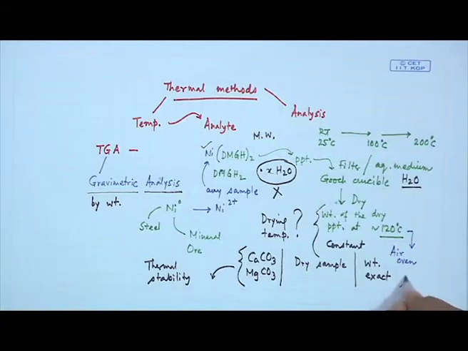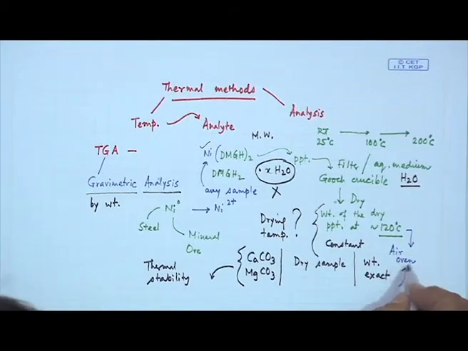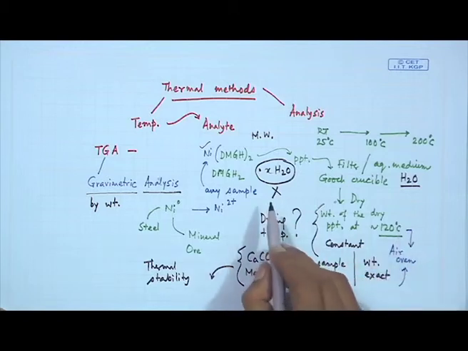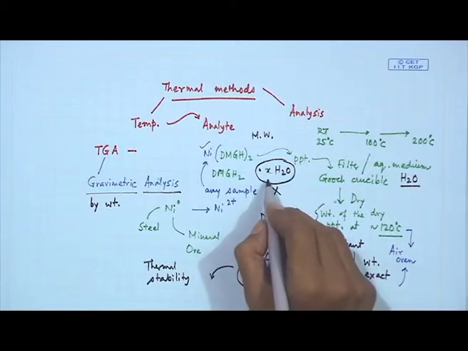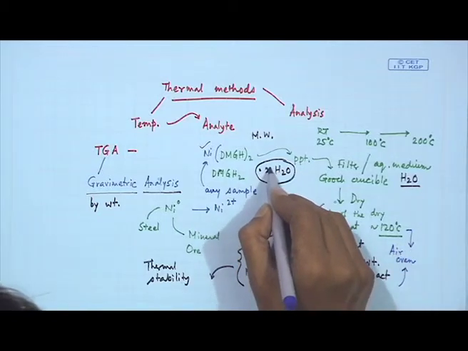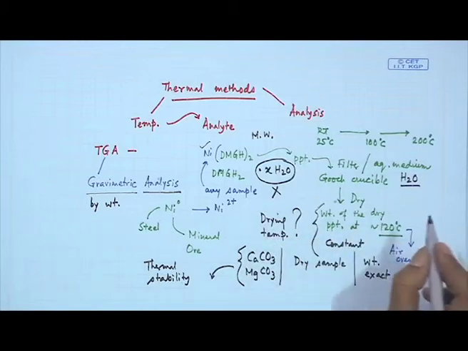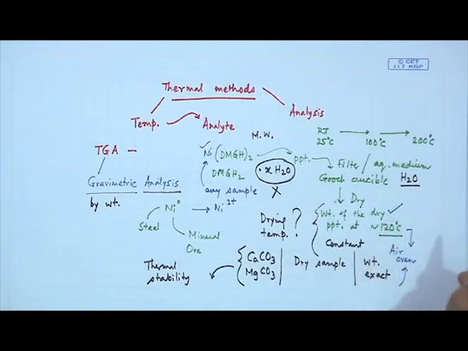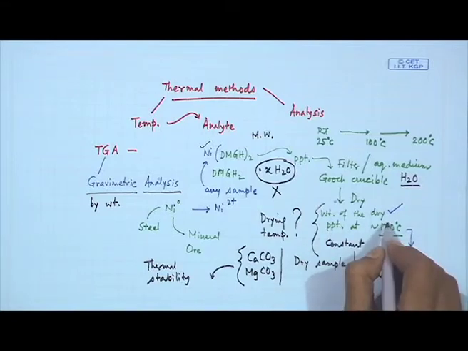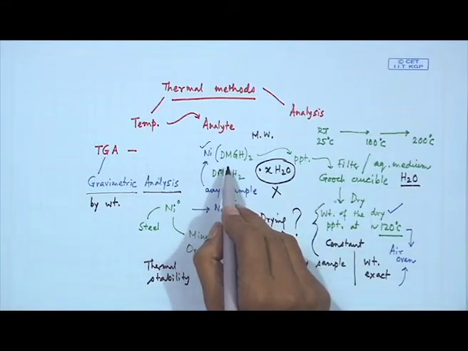We heat the air oven at this particular temperature and keep the precipitate. That means we know that when we dry the precipitate at this temperature, the trapped and adsorbed water molecules will go out and we will get the dry precipitate, because we must have the exact weight of the dry precipitate.